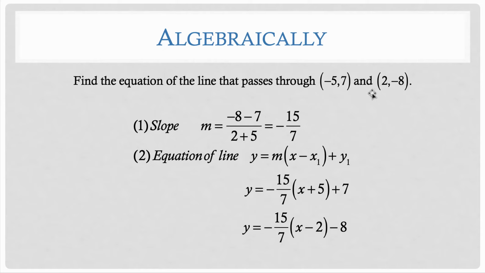Or you could have also used the second point, -15/7 x minus 2, minus 8. Notice how with any of these slopes, I never found what their decimal approximation is. Unless you're asked, don't do it, because when you start to approximate, you're changing the line that you're looking for. Keep everything as reduced fractions.